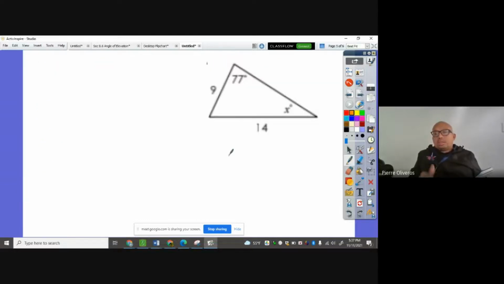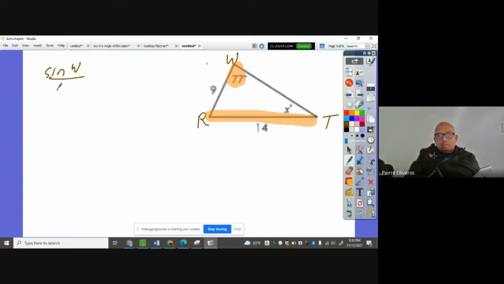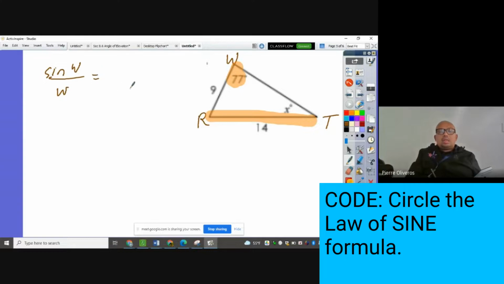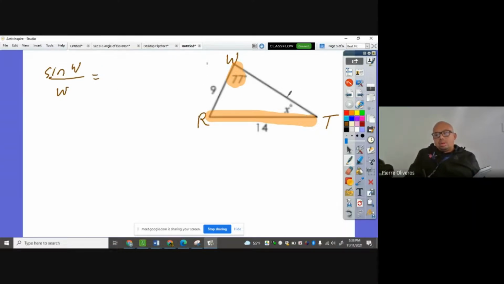Now, let's try this third example here. We have a triangle, no, that's not this x. Let's try W, R, T. We know that this angle here, which is 77, has an opposite side of 14. So I know sine of W over W is equal to what now? Since we're looking for x here, I know that it will be sine of T over 9.